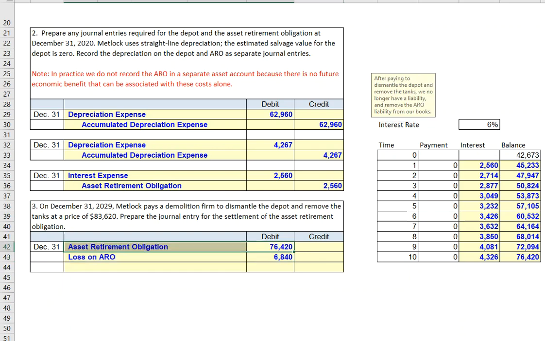We've got to take our asset retirement obligation off, and we pay cash. And again, the right way to do that entry would be to record the payment of the cash and remove the asset retirement obligation. Debits don't equal credits, and so our plug is the $6,840 loss.